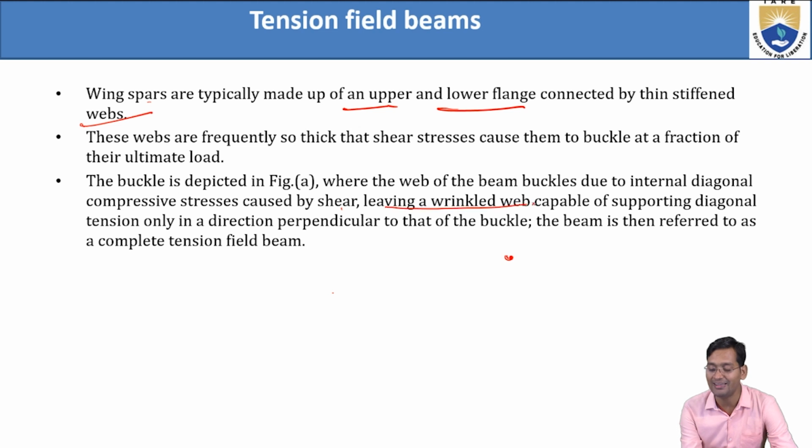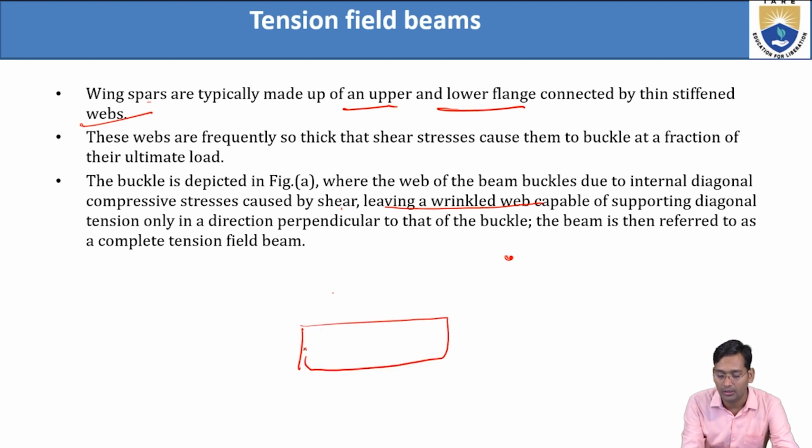Leaving a wrinkled web means, after applying the compression, what happened? Suppose this is there, and just after compressing it, a wrinkle-type form appears here itself. In the same way, if we compress it and it does not break, this layer will rise up and form wrinkles over the skin.